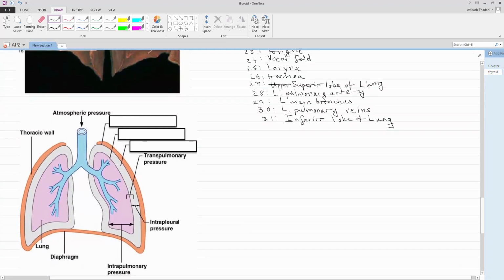Although we did cover a little bit of this in class, let's do it again. In terms of the pleura, this is the parietal pleura that covers the outer surface of the lungs and it's attached to the chest wall over there. So that's the parietal pleura. The visceral pleura is directly attached to the surface of the lungs, and you really can't remove it.